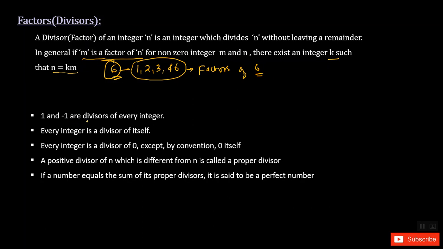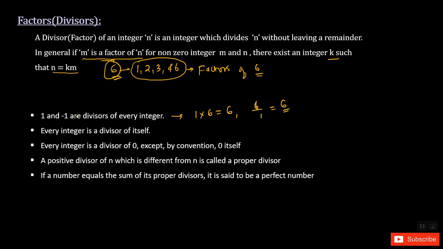1 and -1 are divisors of every integer. Yes, this is very true, because any number multiplied by 1 or divided by 1 doesn't change the result. So I can say 1 times 6 gives you 6 itself, 6 by 1 gives you 6. There is no change in the result.